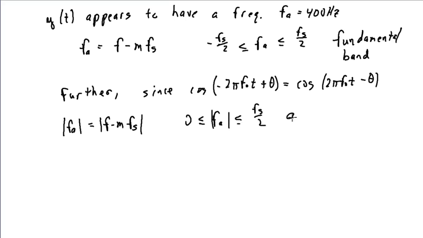So all continuous time sinusoids will appear to have frequencies in the range between 0 and half the sampling rate. In our previous example with a sampling rate of 1000, all sinusoids will appear to be equivalent to sinusoids that have frequencies between 0 and 500 hertz.